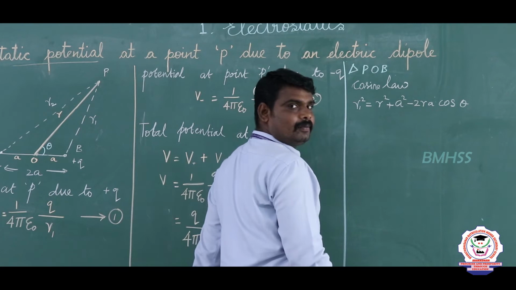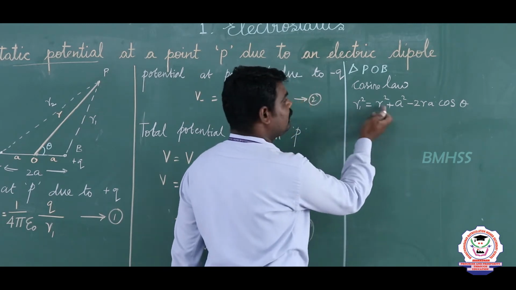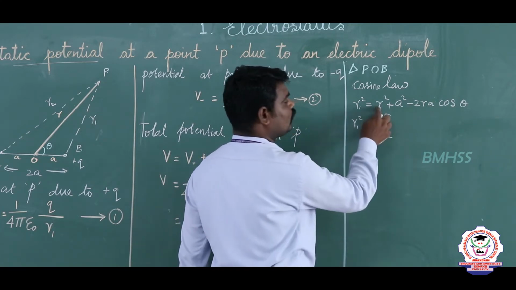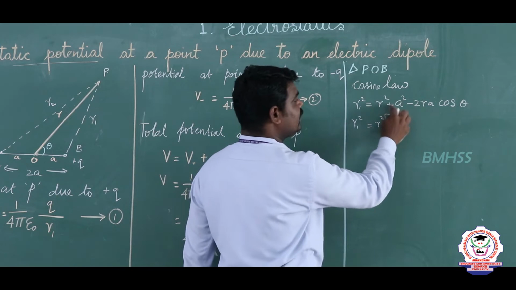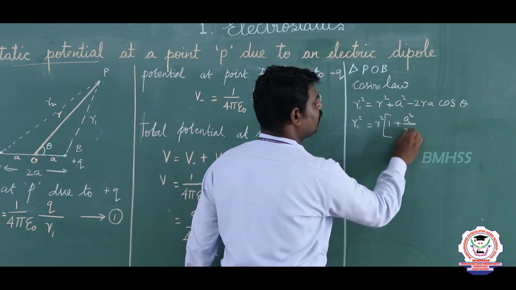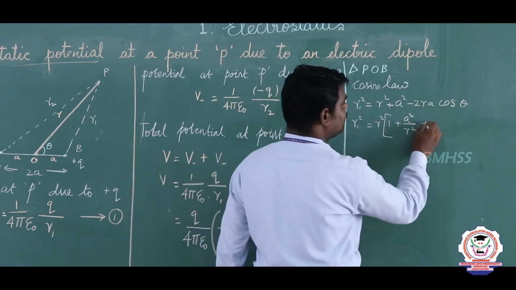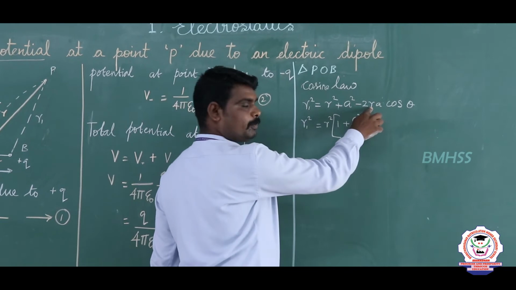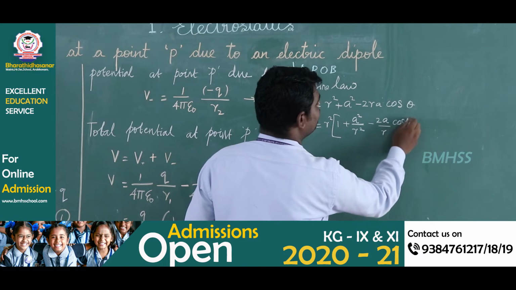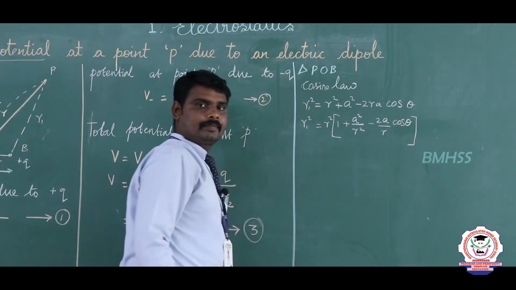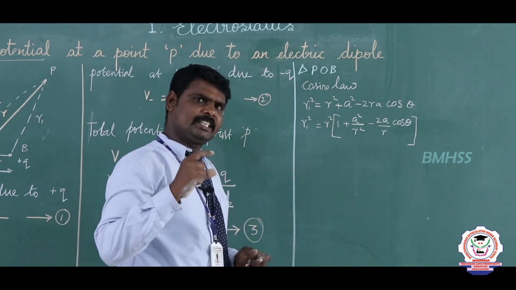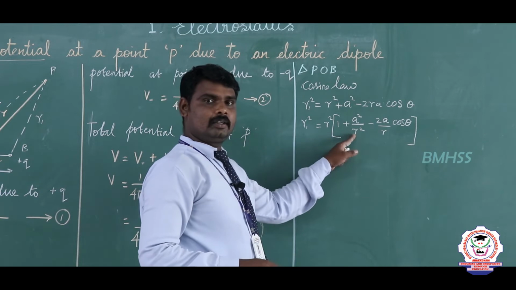Now, I am applying it for the triangle POB. Here, r square is common, take it outside. The remaining is 1, then plus a square by r square, and minus 2a cos theta divided by r. Here a square by r square is very small, that is why we neglect it. Why?